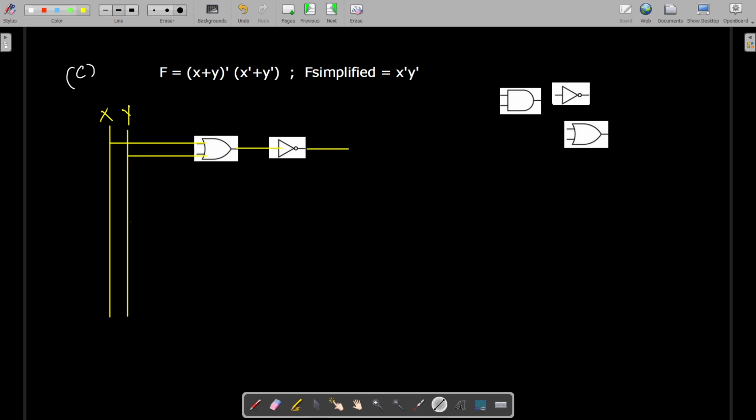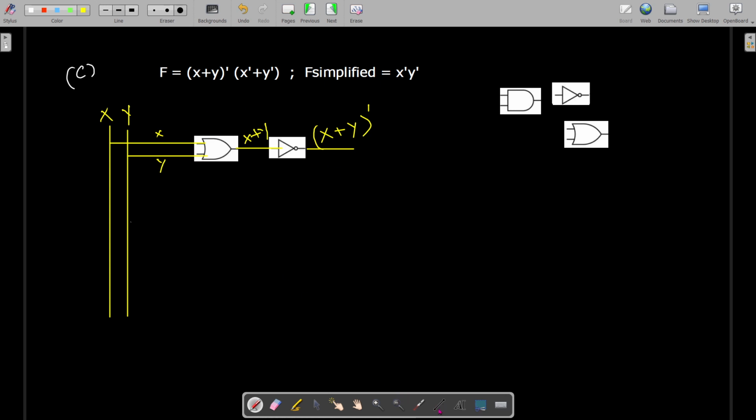The output of this one is x plus y the whole dash. Because this is x, this is y. At this side you get x plus y and here you get x plus y the whole dash. So the first term is over.